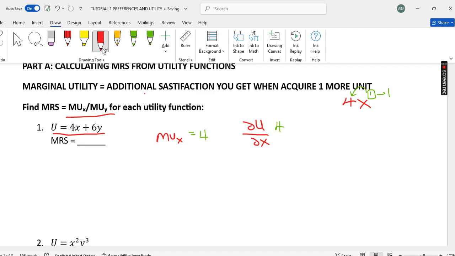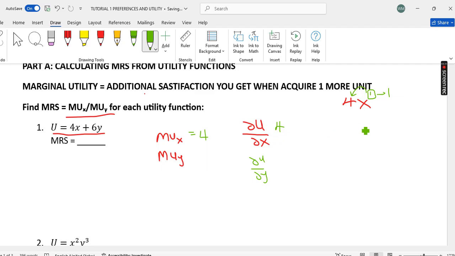Next we're going to get the marginal utility for y, MUy. So it means we are deriving this function with respect to y, meaning anything that doesn't have a y disappears. So we're partially deriving our utility function with respect to y. This 4x disappears.